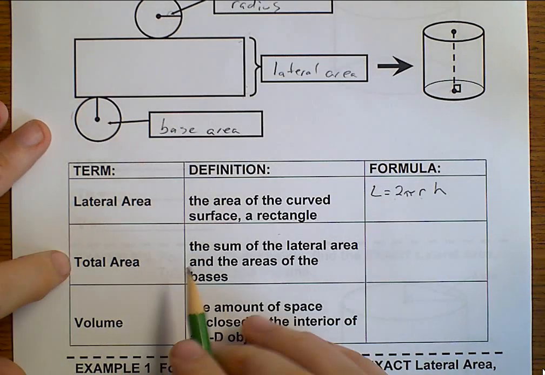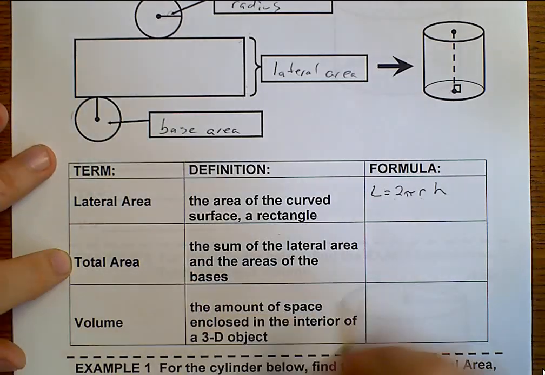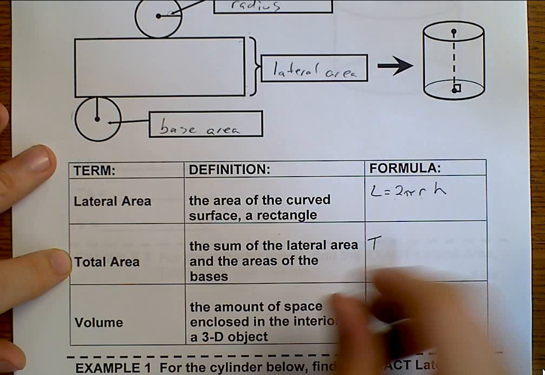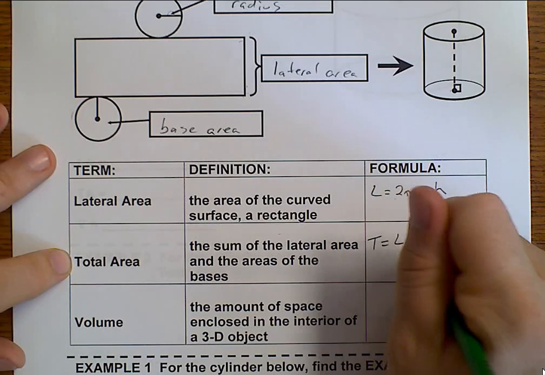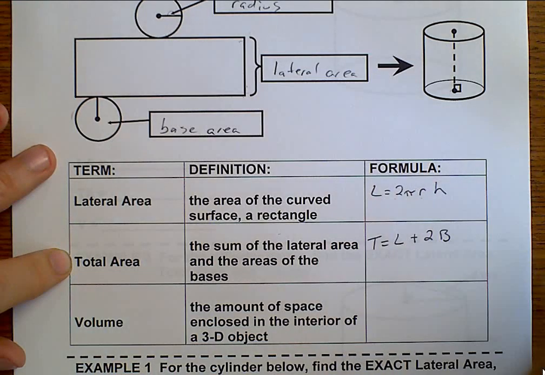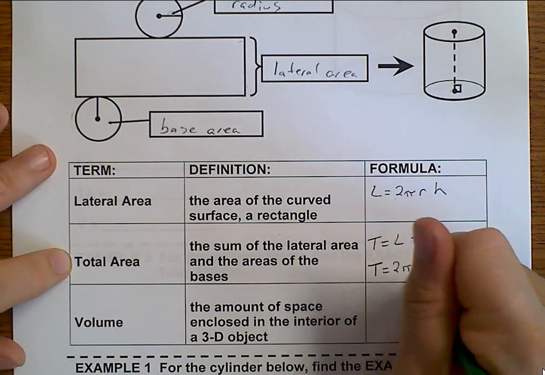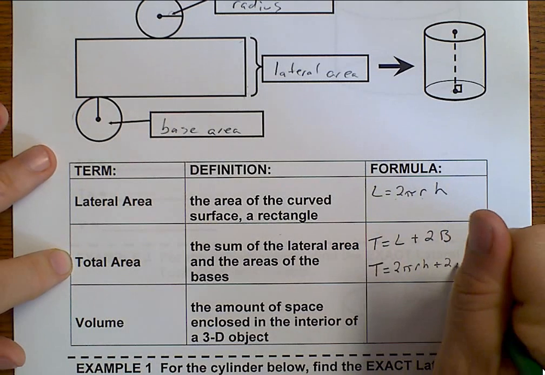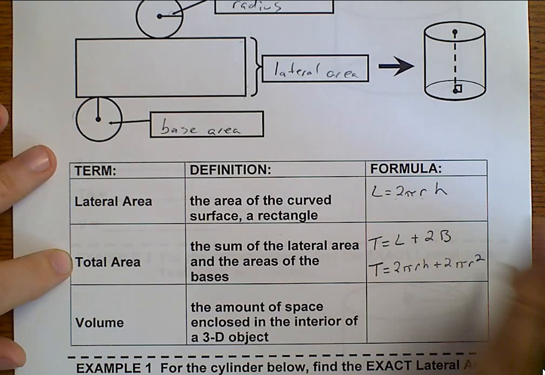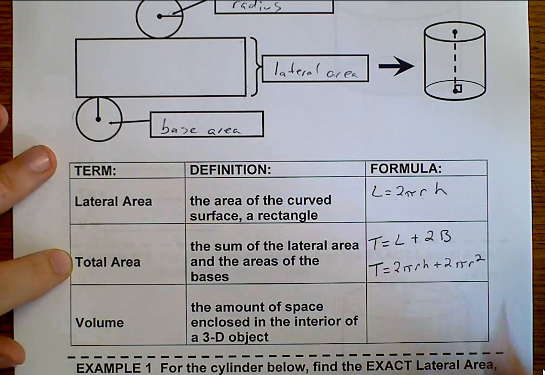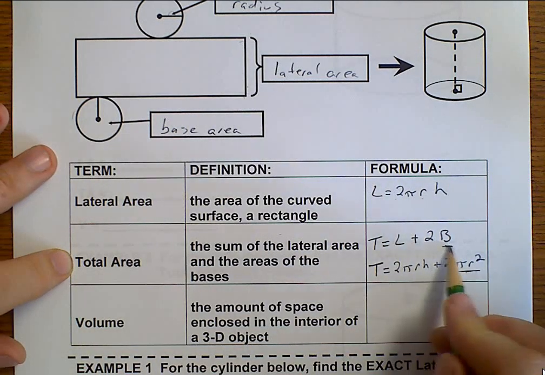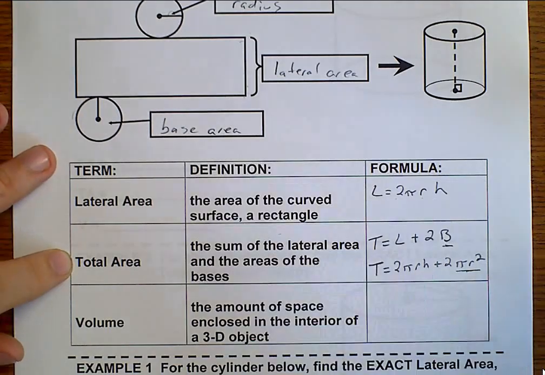For total area, you're going to start with the lateral area, and you're going to add twice the area of the base. So altogether, that's going to be 2 pi r h plus 2 pi r squared. The pi r squared being the area of a circle.